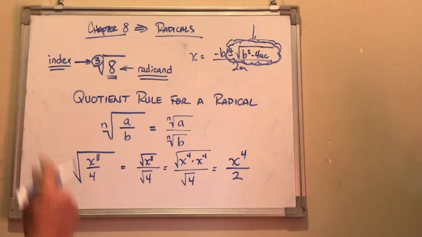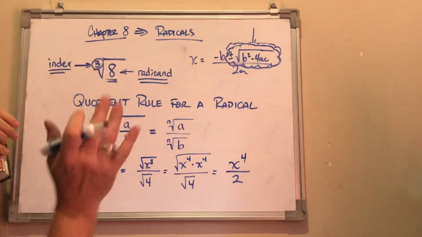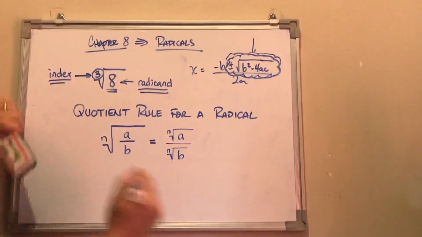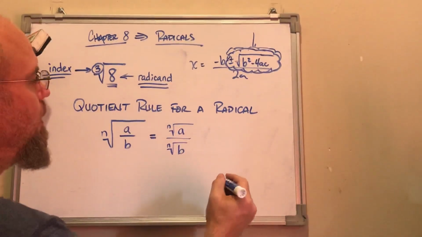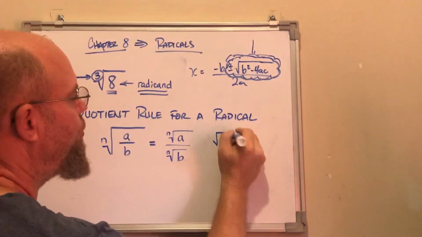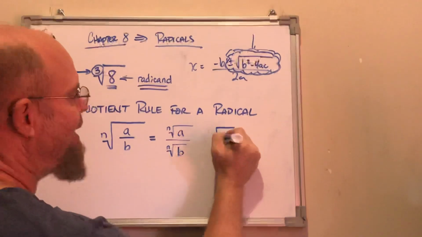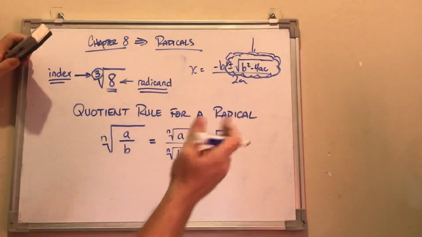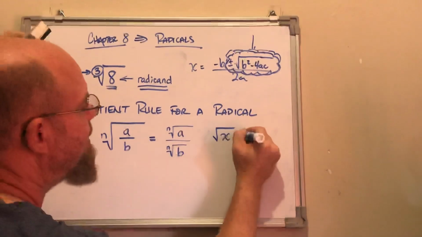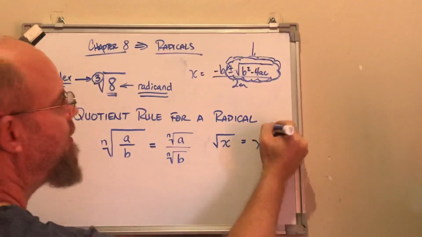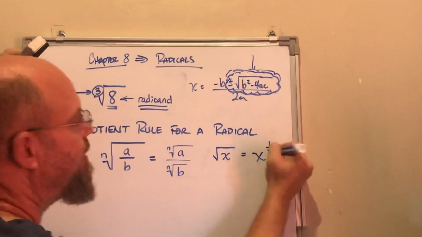One other thing that you might want to understand, you guys should have already learned this, but I will remind you: if you have the square root of x, any number, that would be the same thing as x to the exponent of 1/2.